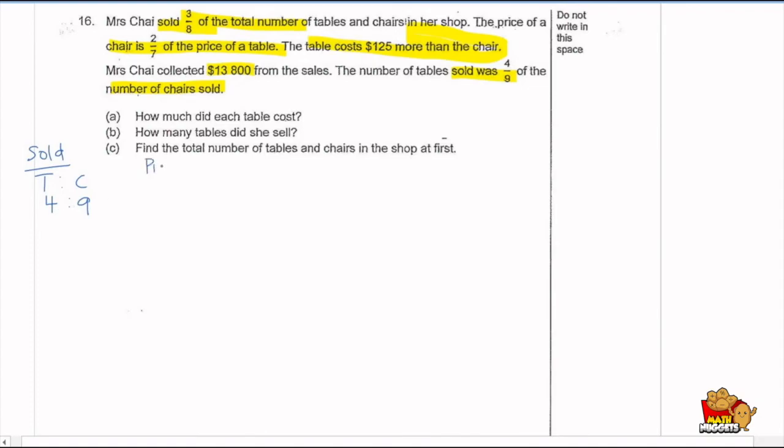Okay, next let's deal with the price. Table and chair. Chair 2 units, table 7 units. So the table costs $125 more than the chair. So 7 minus 2 is 5. So we know that 5 units will be $125.